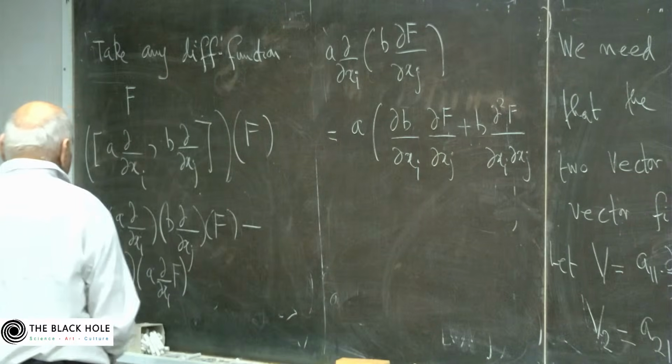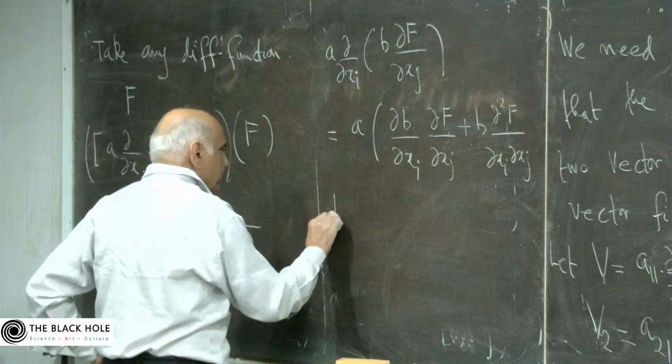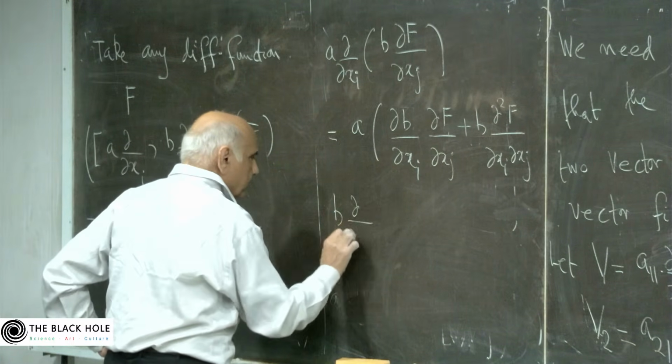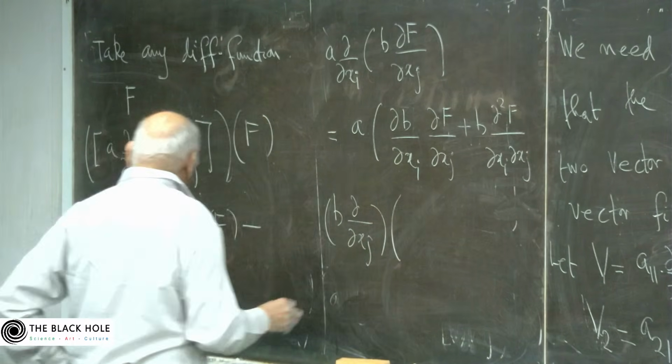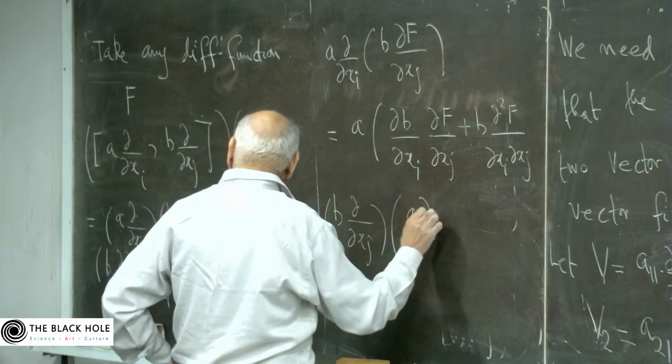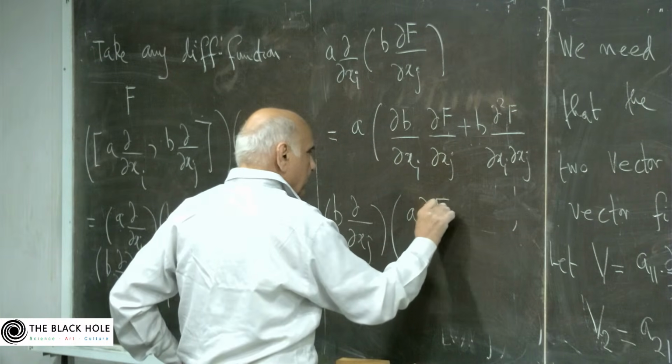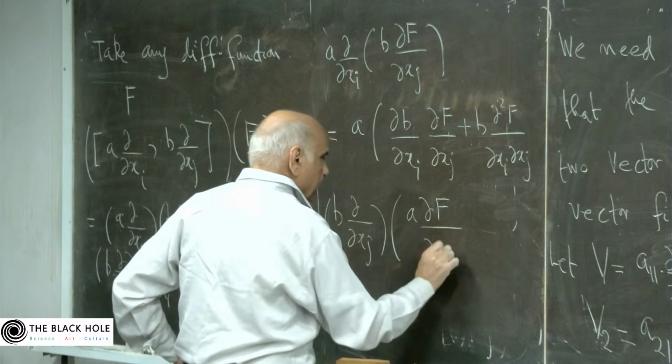Let's look at the second one. B partial by partial xj of A partial f by partial xi.